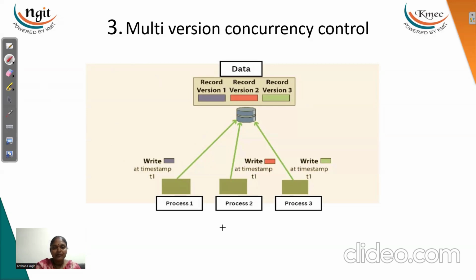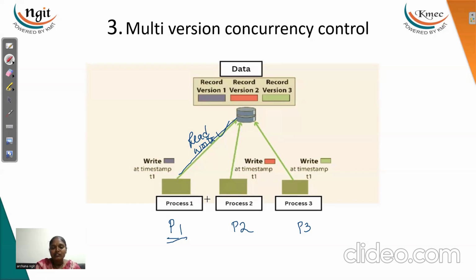Let us say that P1 is one person, P2 is another person, and P3 is another person. Now P1 process attempts to access the data. Now you will get one copy of it. One version of data is going to be read, and if you want to perform any kind of write operations also, it can be allowed. So this copy is maintained with respect to the P1 person or P1 process only.